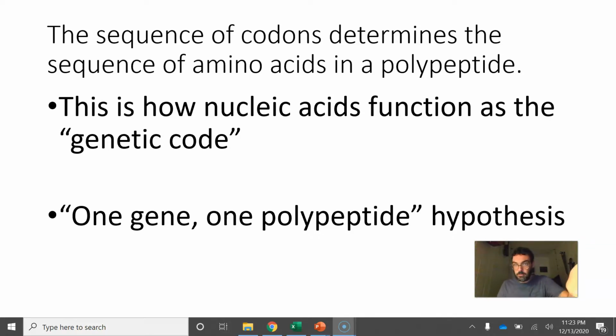All of that comes down to the amino acids in the proteins, which come down to the instructions from the DNA. This comes back to the central dogma of molecular biology, the idea that DNA makes RNA, which then gives us proteins. There's also the idea that one gene gives us one polypeptide, which is a little bit off, because, like we said last time, of splicing.